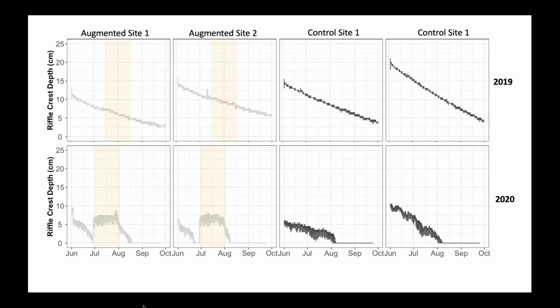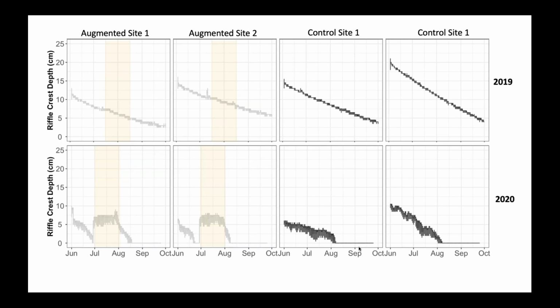But in the summer of 2020, we had a large effect on riffle crest depth, where it went from near 0 up to 5 to 7 centimeters in some of our pools, as you can see here on the bottom 2 panels. And you can look at the natural recession of riffle depth here on the right side, where in 2019 it decreased but never became disconnected. And in 2020, in almost all of our sites, it became disconnected by early August.